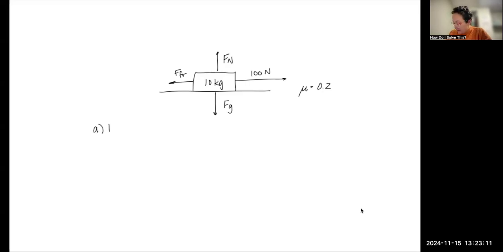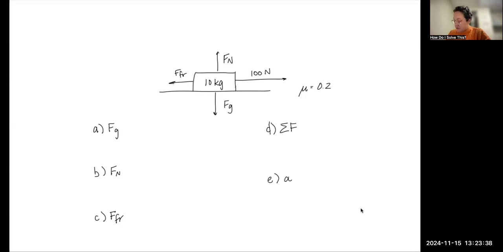We need to find the force of gravity, the normal force, and the force of friction in that order, and you'll see why. And then once we have it, we need to find the net force and the acceleration. And like I said, a kinematics or motion question could always come after that too.